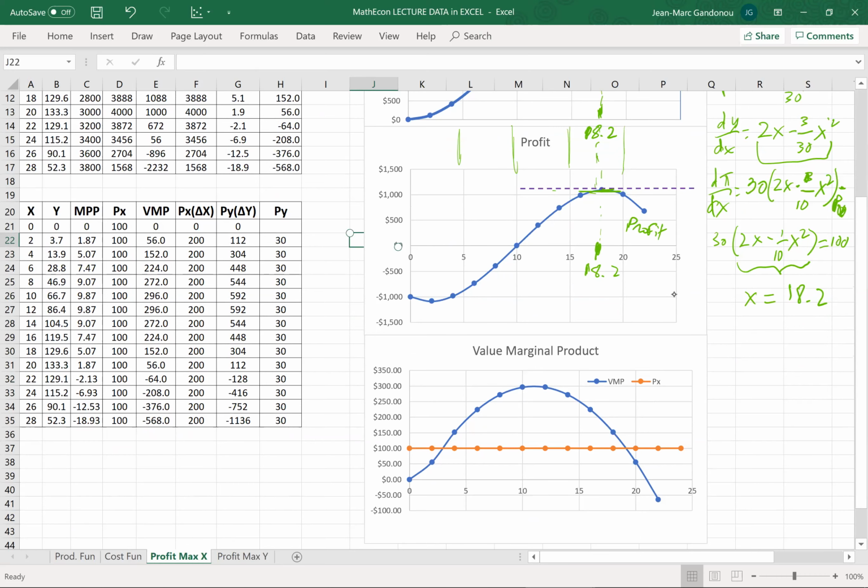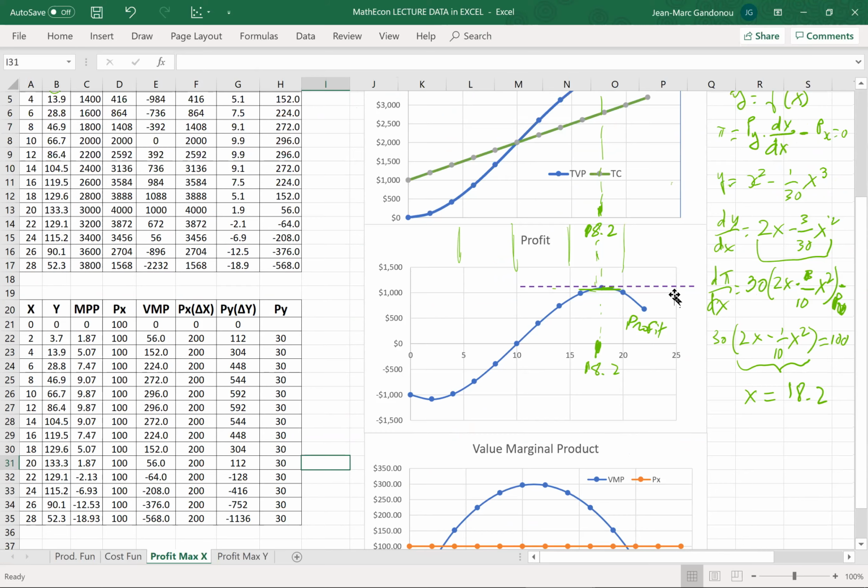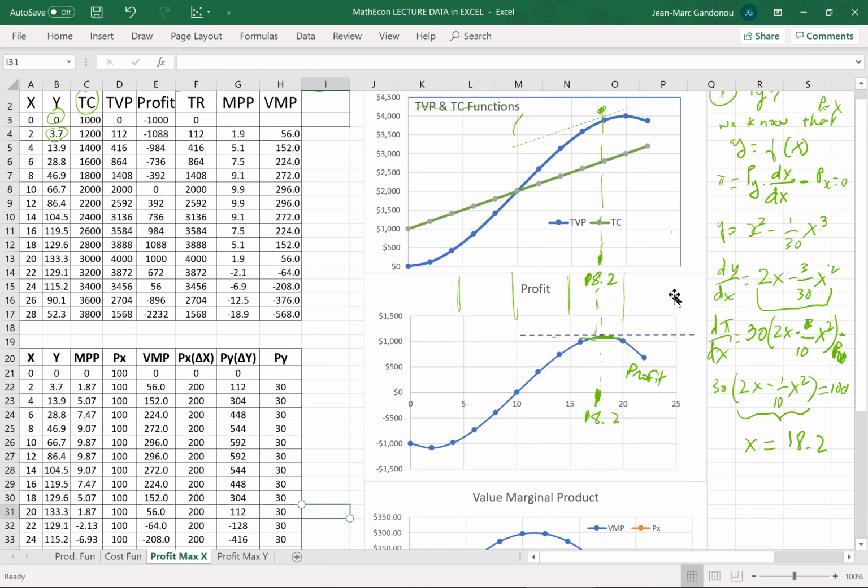And so, of course, in the table, we can figure out where 18.2 is, okay? So 18.2 is, well, obviously between 18 and 20. So technically over here, we find total revenue, where's the Y?